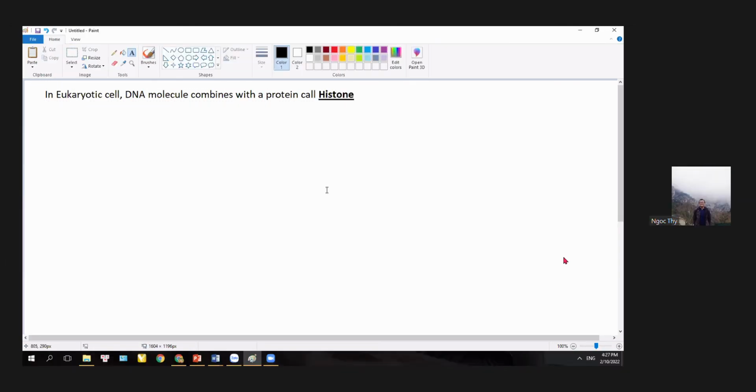Okay, so in a eukaryotic cell, the DNA molecule combines with a protein called histone.